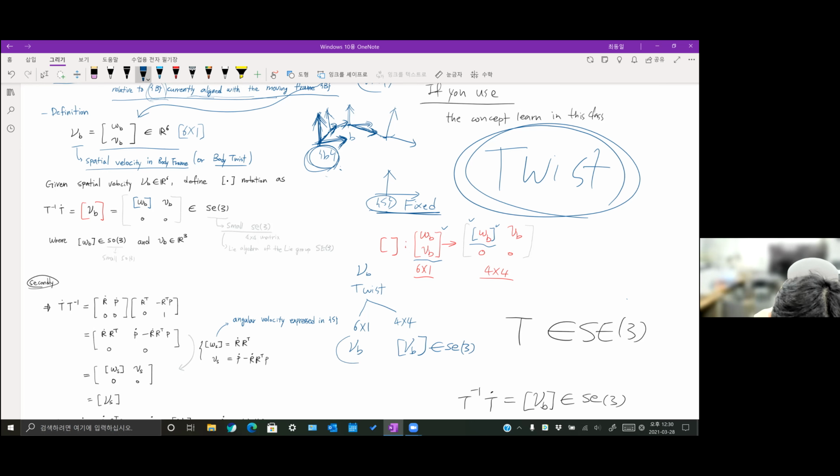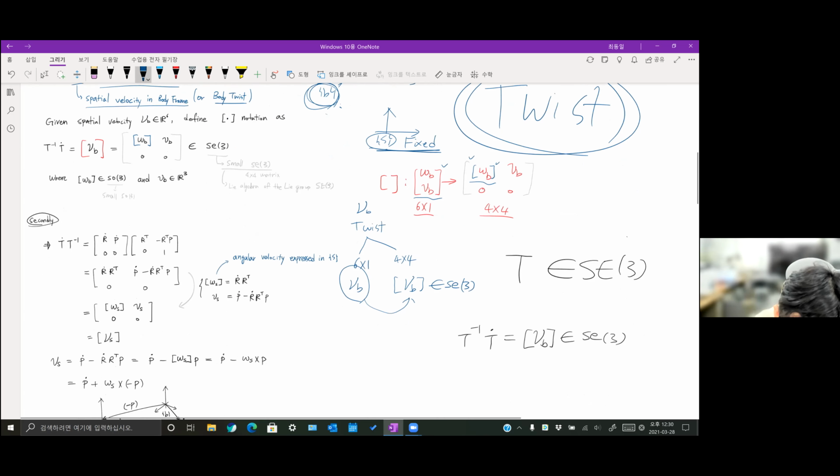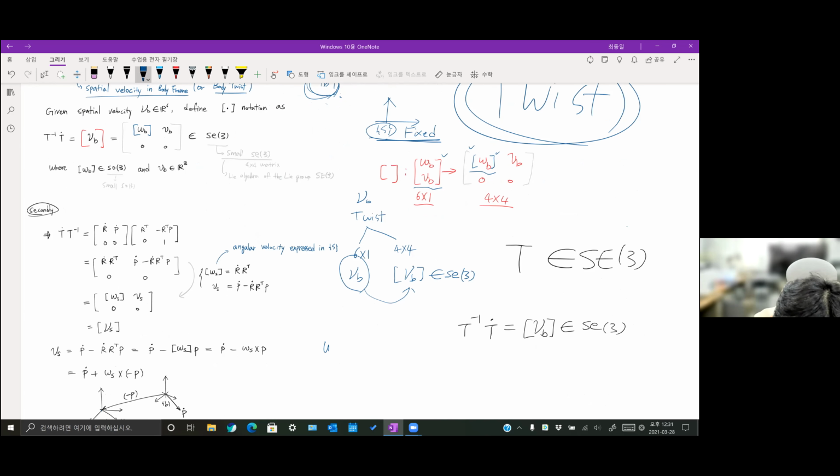So this twist can be converted from a 6x1 vector to a 4x4 matrix using this bracket. It is a little bit similar to omega, the angular velocity.